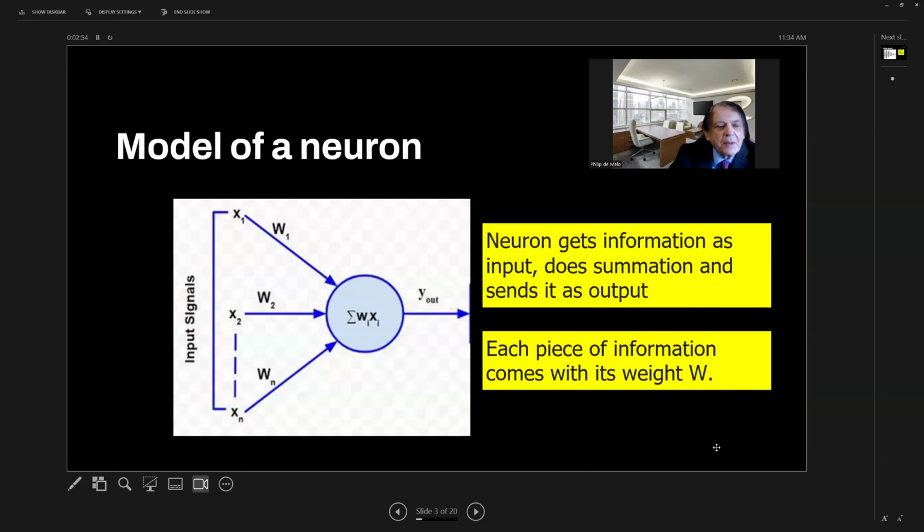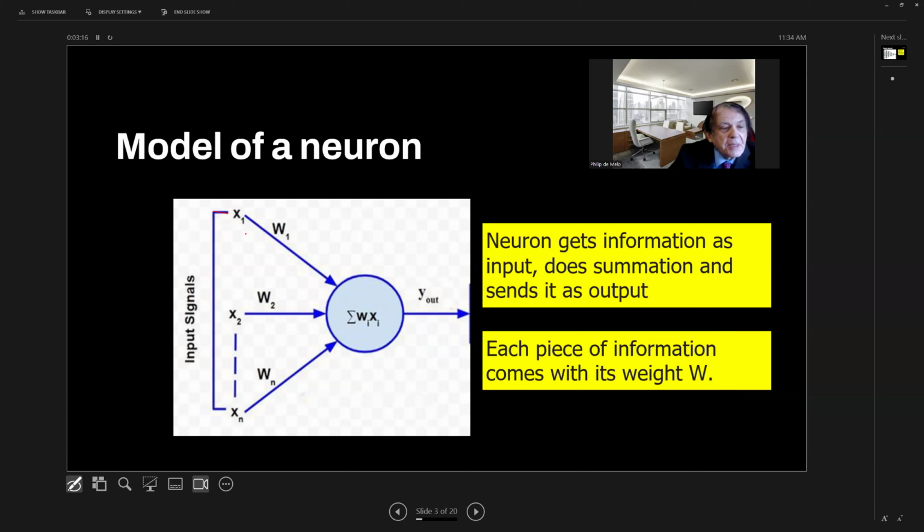So first of all, we can see here the neuron and the information that comes through the neuron and goes out as an output.